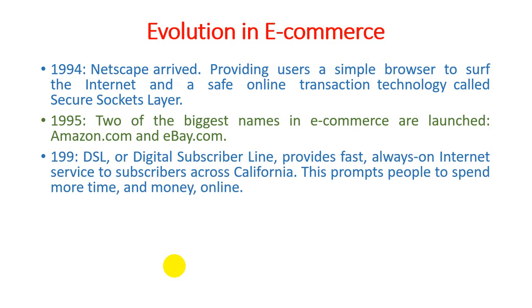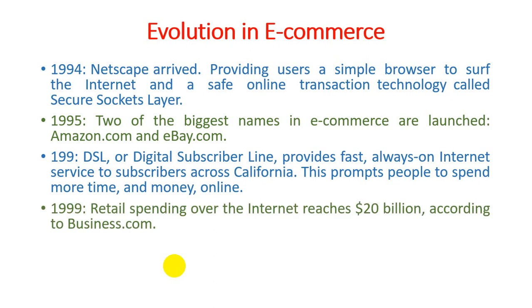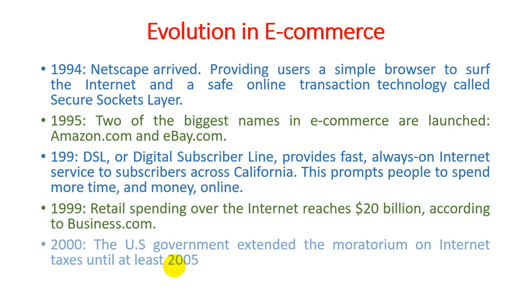This encouraged people to spend more time and money online because it was always-on internet, but within this limited area known as California. In 1999, a second innovation: retail spending over the internet reached 20 billion according to business.com. It means the internet market was now starting to boom.